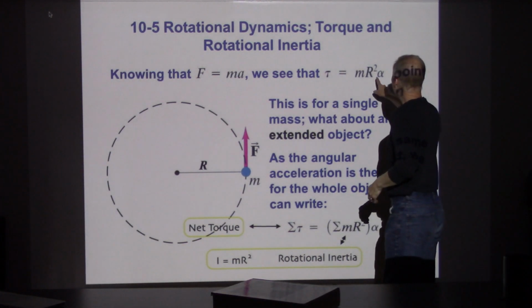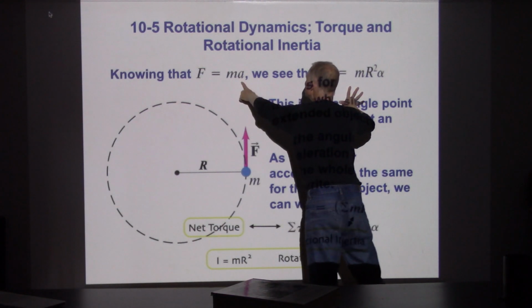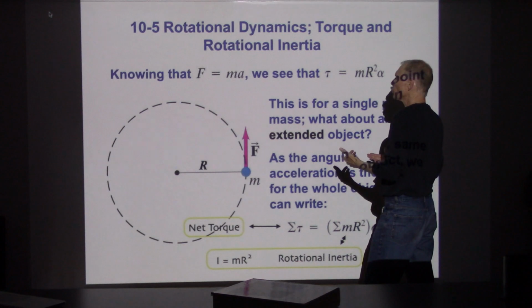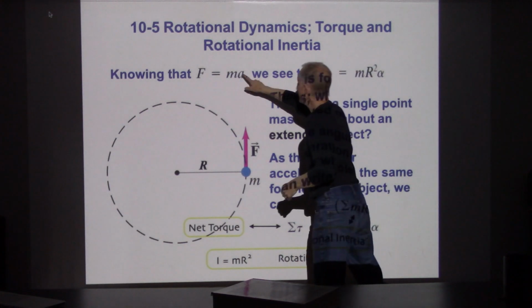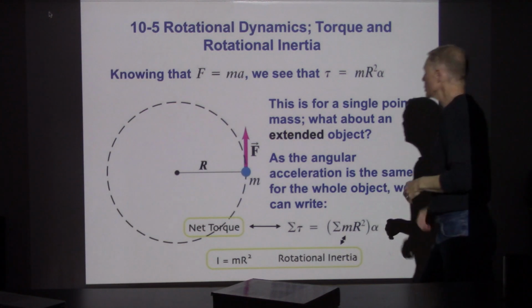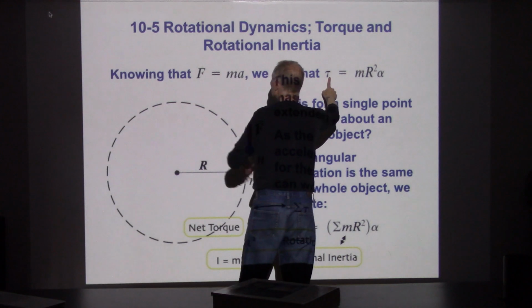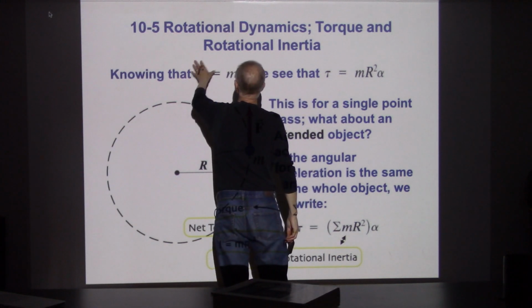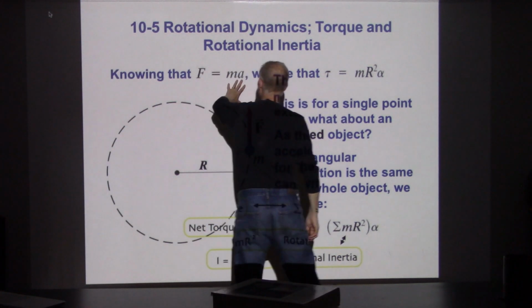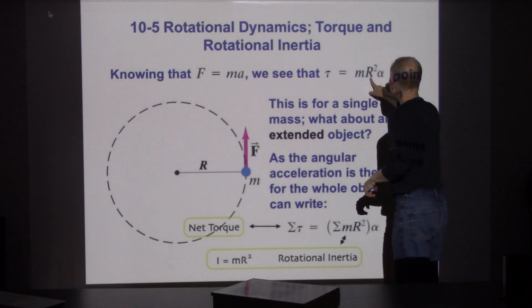But instead of using a linear acceleration, let's use a rotational or angular acceleration. a then is going to get replaced by r times alpha. So for the torque, we take the force, multiply the whole thing times r, and then take out the a and replace it with alpha times r.